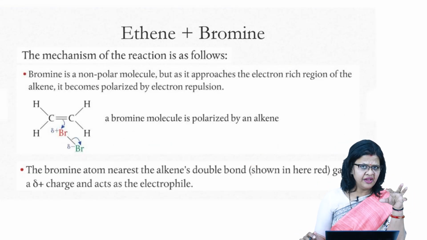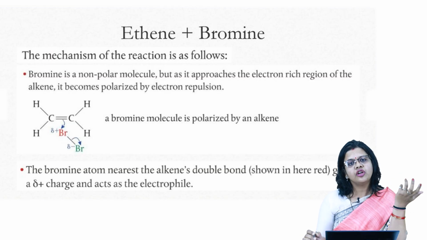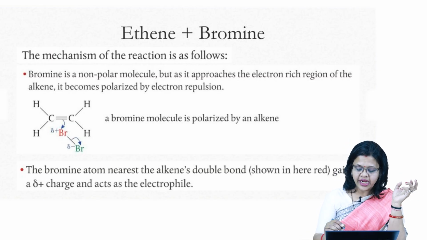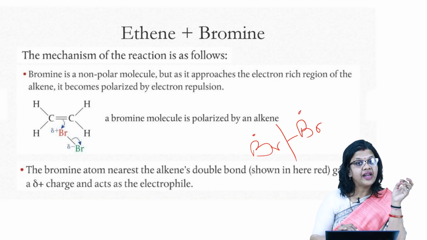This 1,2-dibromoethane is formed by the addition of bromine atoms on the point of unsaturation. If we try to discuss the mechanism, we know that bromine, Br2, is a non-polar molecule. So, actually it should dissociate equally, resulting in the formation of two free radicals.